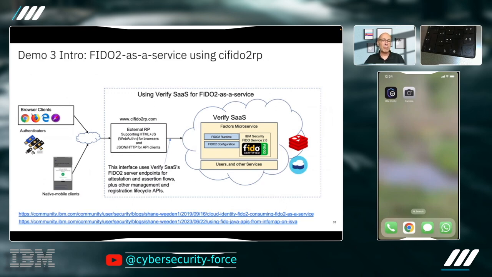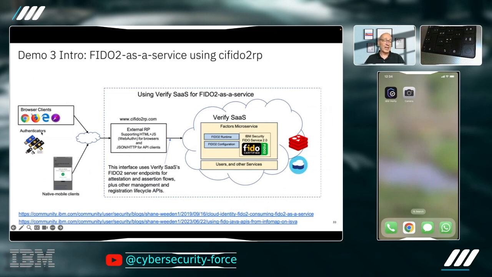And this allows you to build your own user experience, if, for example, you think this is necessary because it is very specific and you don't want to use the out-of-the-box Verify SaaS things that are available.